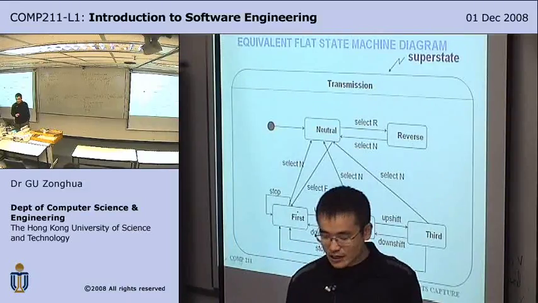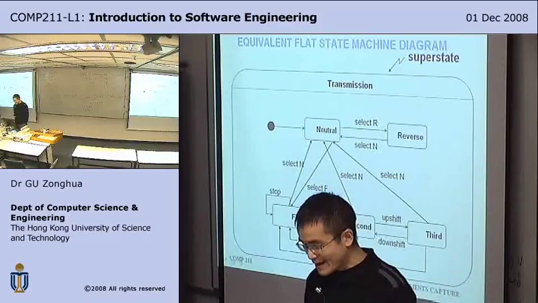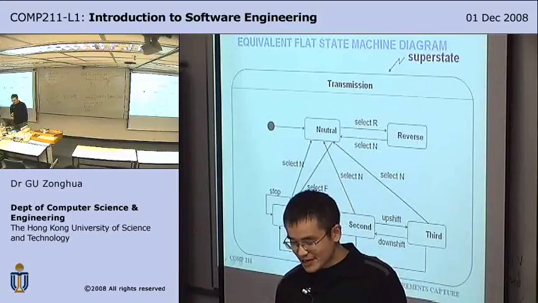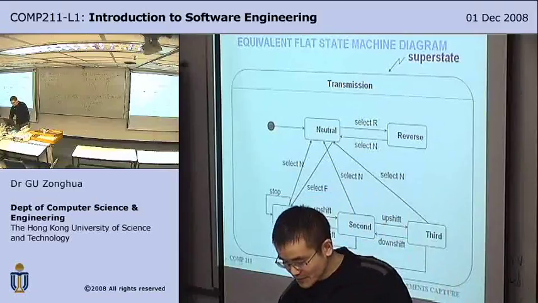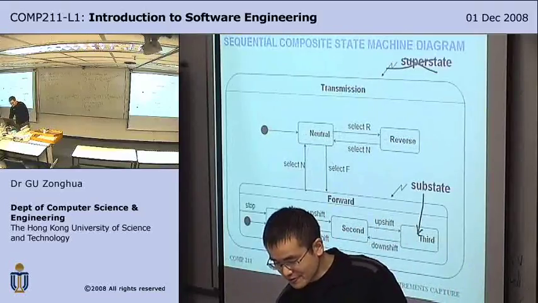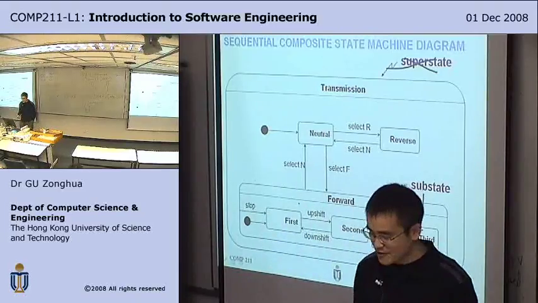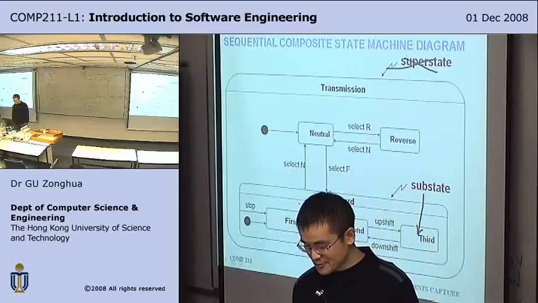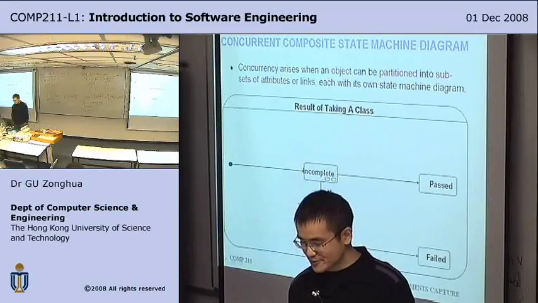And a transition out of the composite state gets mapped into many transitions, each one coming from each of the substates. So select N is coming out of the forward state, and you get mapped into three transitions out of first, second, and third. So that's a different behavior. You map it onto a flat state machine.